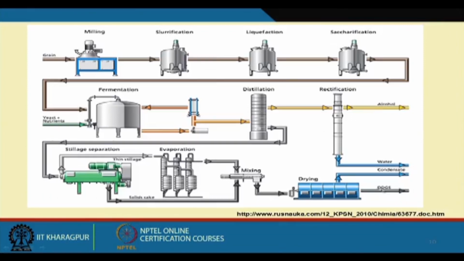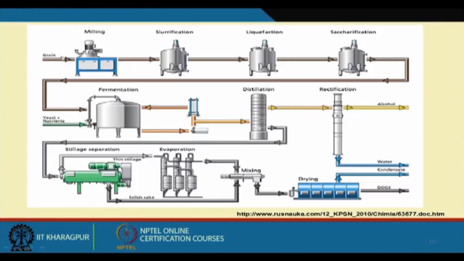Now the process flow diagram is like this. We have grain, because I told you that alcohol is produced not only from cane molasses, but we also use broken rice.